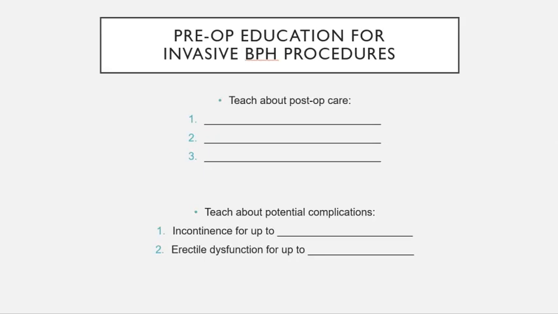So you want to teach about the post-op care, and that includes 1, bladder irrigation, 2, catheter care, and 3, wound care. Teach about potential complications as well. They may have incontinence for up to 2 months and erectile dysfunction for up to 1 year.